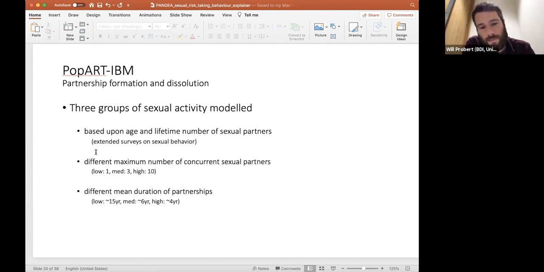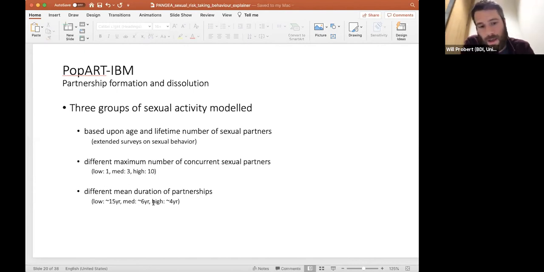So we looked at the number of concurrent sexual partners as reported in the behaviour surveys as output in the trial data. So the low risk group had 1 concurrent partner, medium risk group had 3, and the maximum number of concurrent partners in the high risk group was 10.